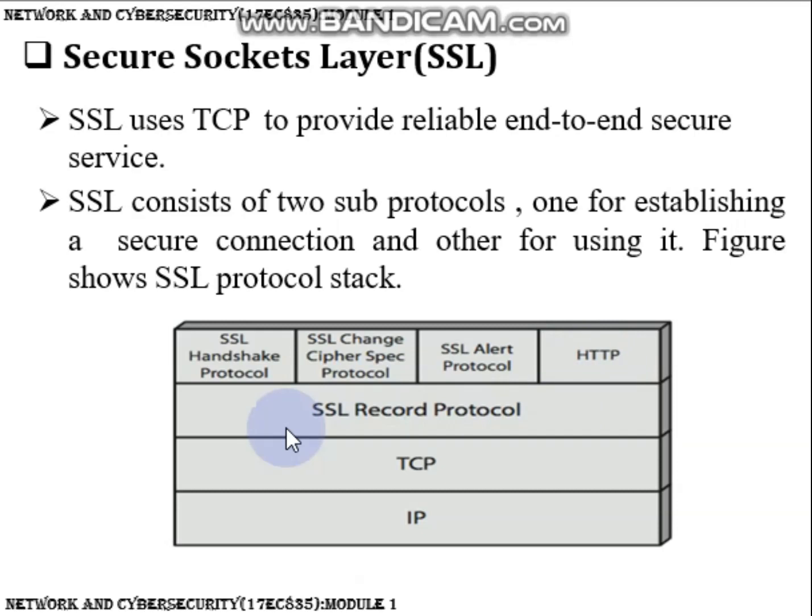Three higher layer protocols are defined as a part of SSL: the SSL Handshake Protocol, SSL Change Cipher Spec Protocol, SSL Alert Protocol. These SSL-specific protocols are used in the management of SSL exchanges.